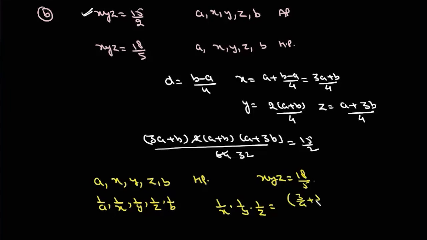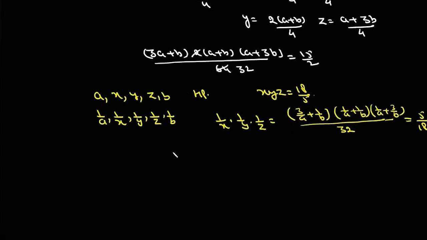So here we'll get 1 upon X into 1 upon Y into 1 upon Z as 3 upon A plus 1 upon B, 1 upon A plus 1 upon B and 1 upon A plus 3 upon B by 32, and it will be equal to 5 by 18.